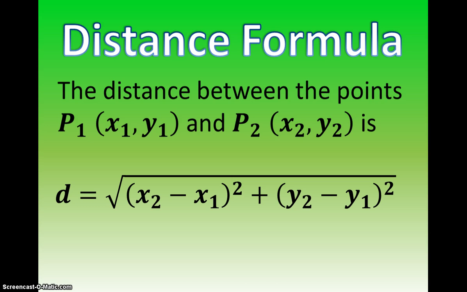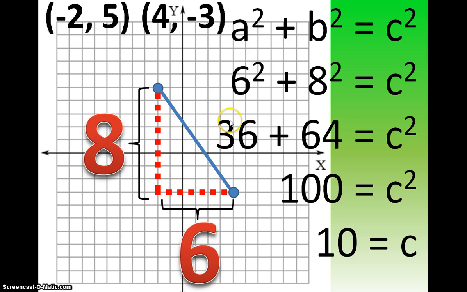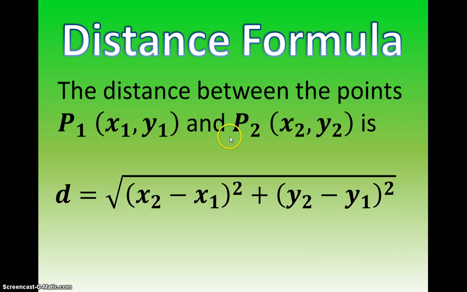Now, if I go back for a second and look at the previous slide, at the Pythagorean theorem, I have a squared, which is the length of going from left to right, and b, which is the length going up or down, squared, is equal to the hypotenuse squared. And I take a look back at the distance formula.